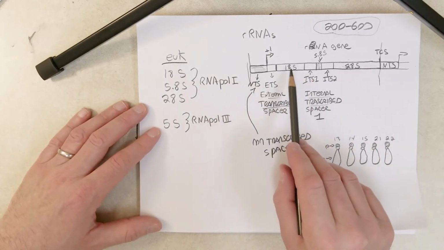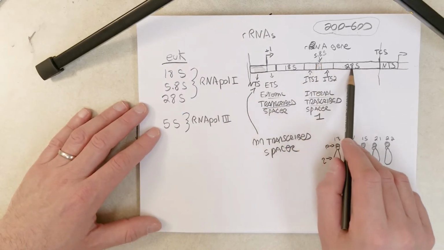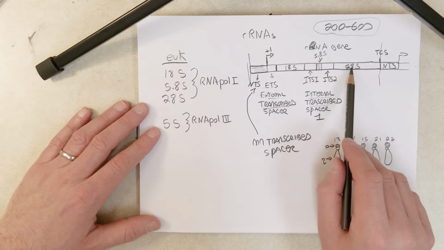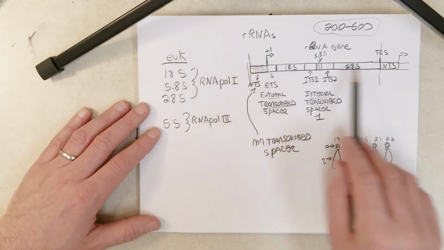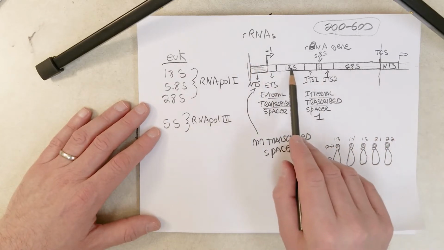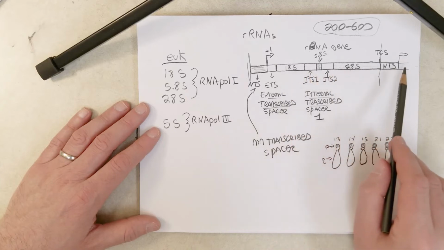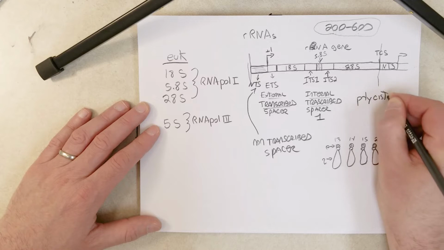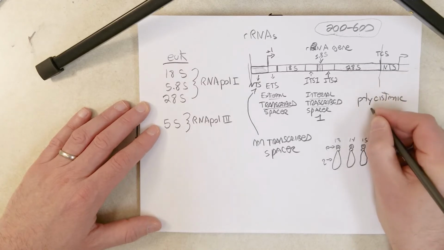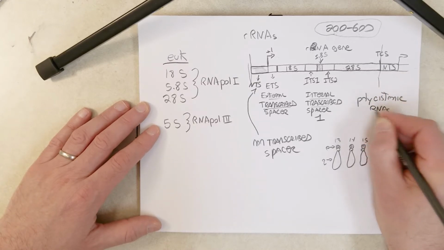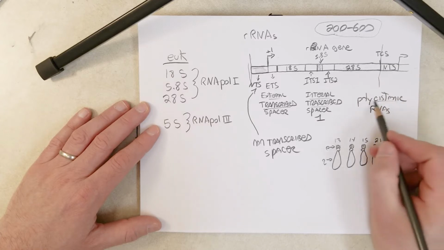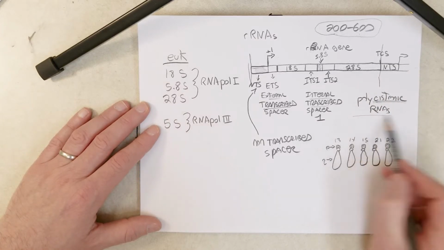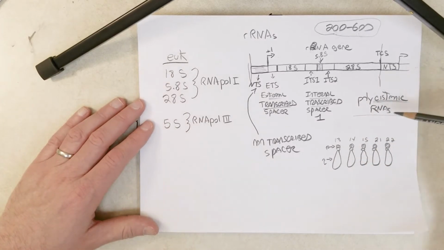Okay, so that's where the 18S, 5.8S, and 28S ribosomal RNAs come from. They're transcribed by RNA polymerase 1 and cut from one long RNA transcript. Sometimes transcripts like that are called polycistronic RNAs. Cistron is an old jargony term from genetics.